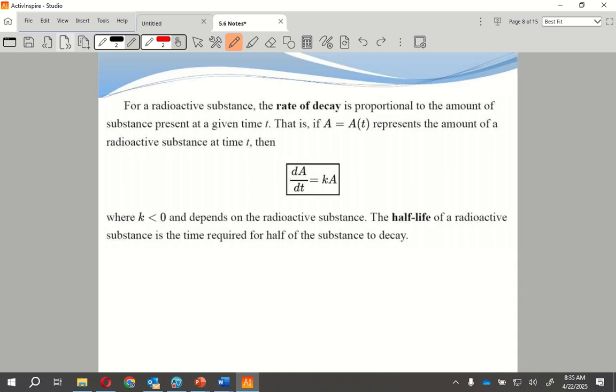Alright, radioactive substance, rate of decay. Half-life is when we get a certain amount of time and we can calculate how many years there will be exactly half of it. That's important. It's half of the initial amount.